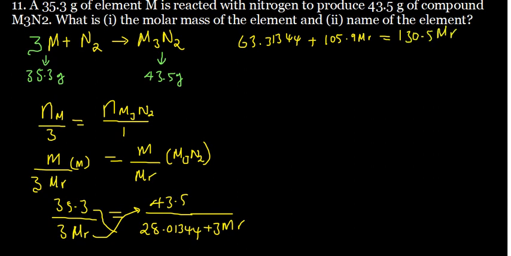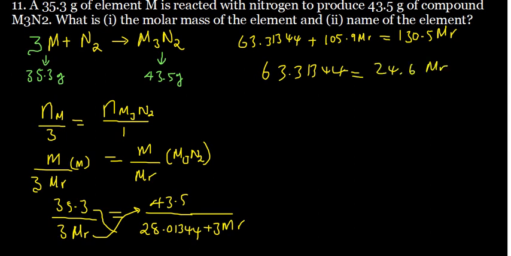We'll take like terms to the same side. So I'm going to take this value this side. It's going to be negative. So what you're going to have is 130.5 minus 105.9. That is going to be 63.31344 is equal to 24.6 molar mass.